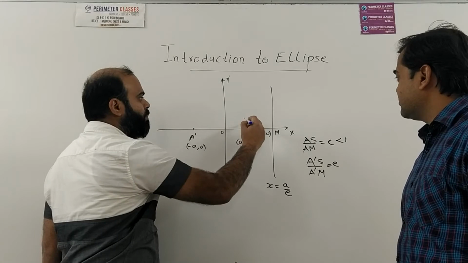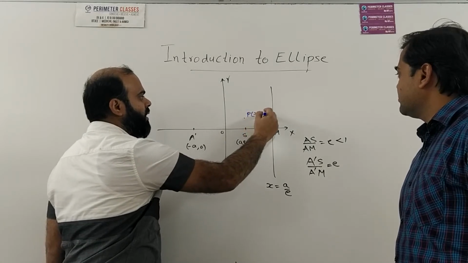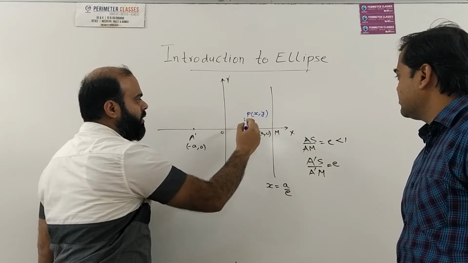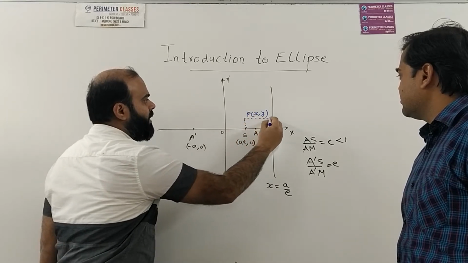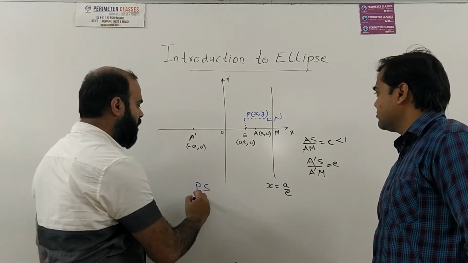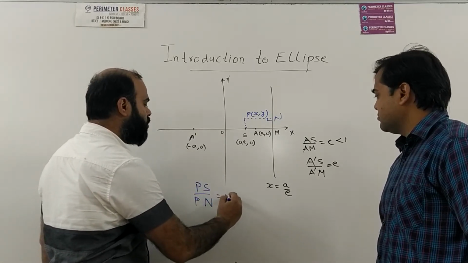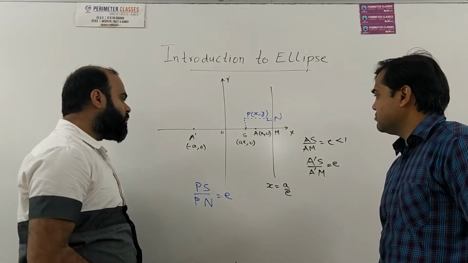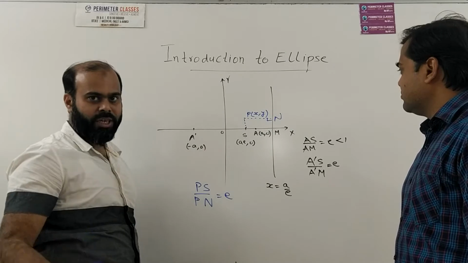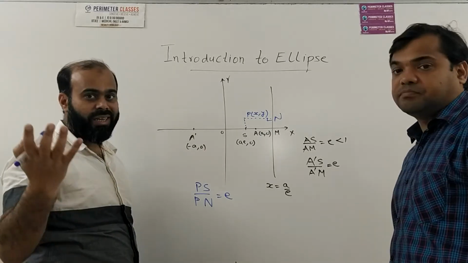So if we take a point P(x, y) which lies on the ellipse, then the distance of this point from the focus and the distance of this point from the directrix, that is PS upon PN, will also be equal to the same e. Now we know the distance formula of 2 points that we already studied in class 10th.